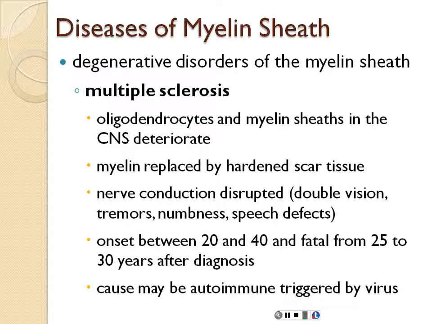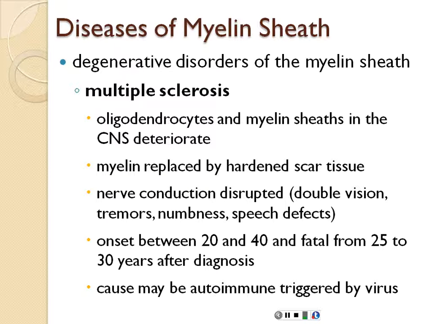They contract slower, and individuals may start falling because they're expecting their leg to move as it always did, but the signal is not getting there fast, so there may be a lot of accidents that way. Numbness, speech defects, so these are all effects of MS.